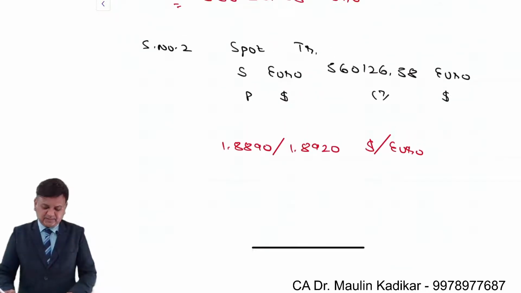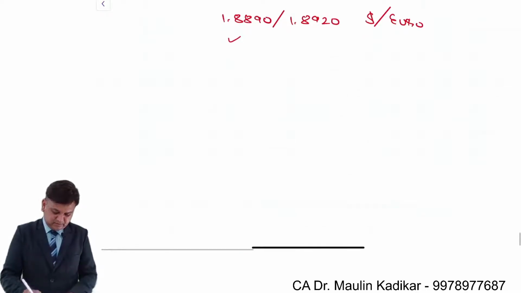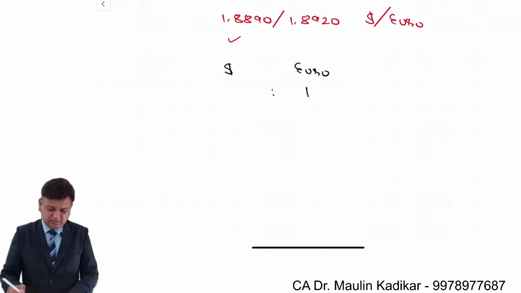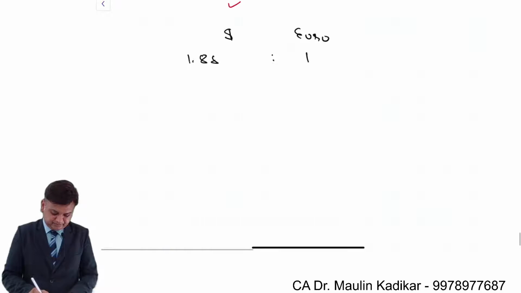So what will happen? It is sell of euro and purchase of dollar. You will get less amount of dollar. So it is dollar and euro. 1 euro is equal to 1.8890 dollar.